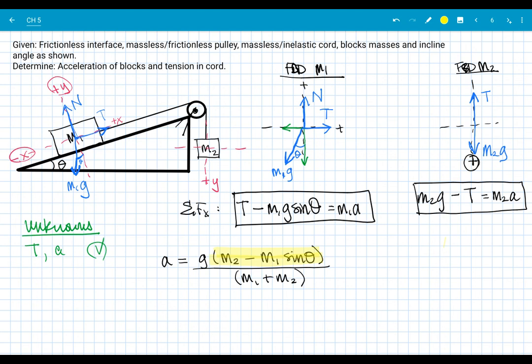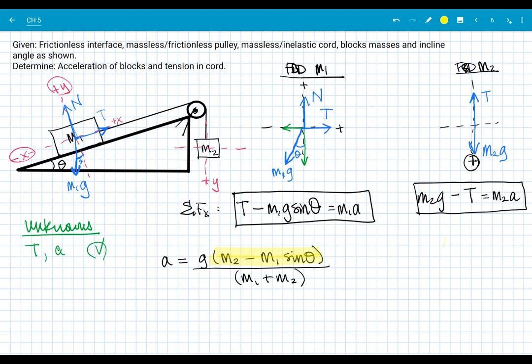And it doesn't mean it's broken. All that means is that the mass m1 is going to accelerate down the incline, and the mass m2 is going to accelerate upward toward the pulley. So that's a possible outcome. Sure, it depends on the proportions of the masses. And you see, it's not as simple as is mass 2 greater or mass 1 greater, because that incline throws a little bit more complexity into that.